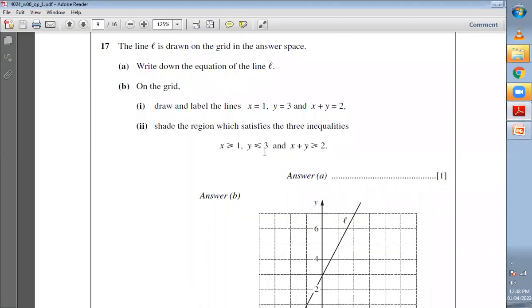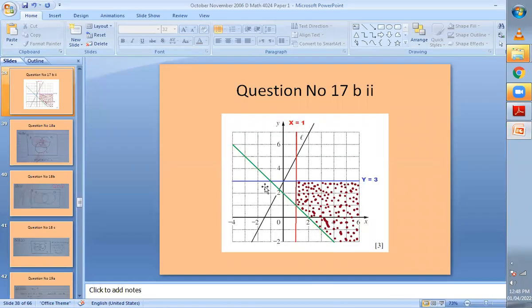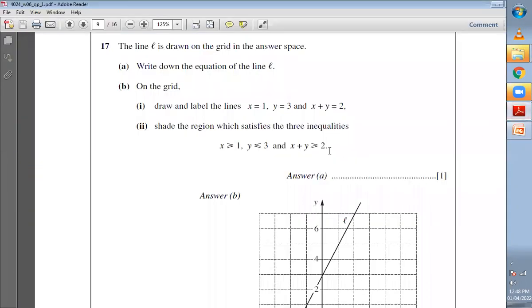And y is less than or equal to 3. So this is that line, y equals 3, and because y is less than 3, the area below this blue line is to be shaded. The last one is x plus y greater than or equal to 2.